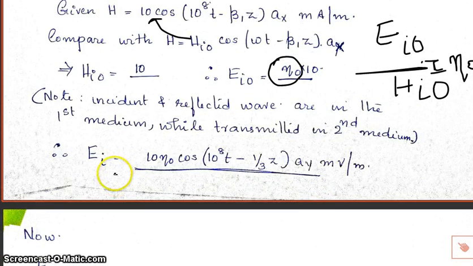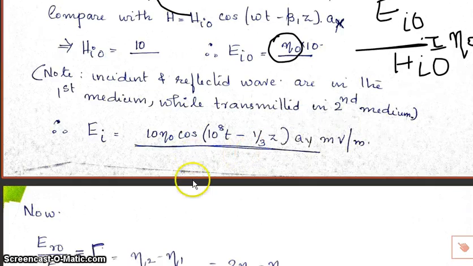Then you can write E_i is equal to E_i0 cos(ωt − β1 z). Here you have to write beta 1 because E_i is in your first medium. It is a_y millivolt per meter.